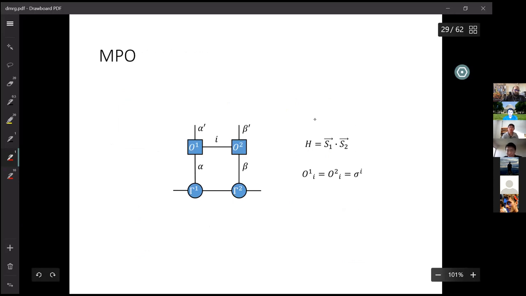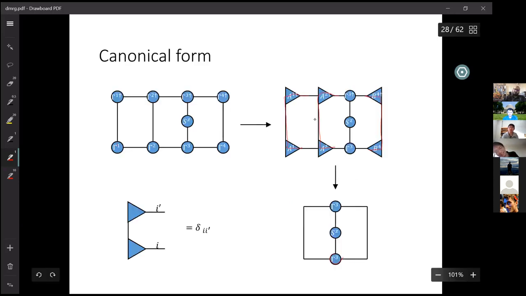Wait, but if I'm interested in the SZ on one site, isn't it hard to do the basis change so that I get into canonical form for that site? It is. But when you measure the correlation functions, you need to do a lot of measurements, right? So you need to calculate a lot of SZ expectation values.